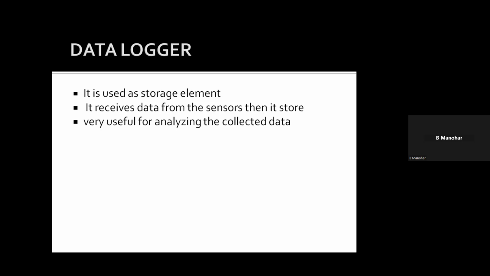It can store that data. We can use registers in the data logger, and it receives data from the sensors, and it is very useful for analyzing the collected data. If you have stored the data, we can process it at any time that we desire, so it plays a crucial role in the air quality monitor.